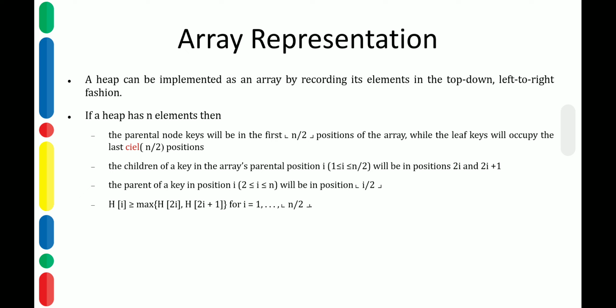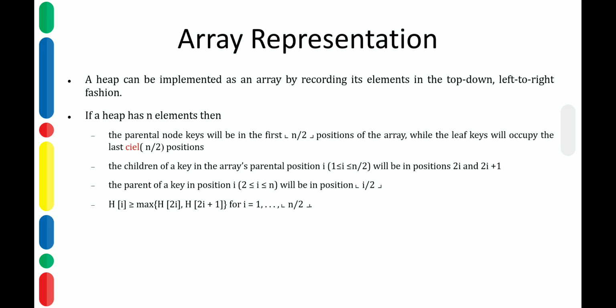Given position as i, its left child will be at position 2i and its right child will be at position 2i plus 1. On the other side, if you have a node at position i and you want to find its parent, it will be at position i divided by 2 rounded down.